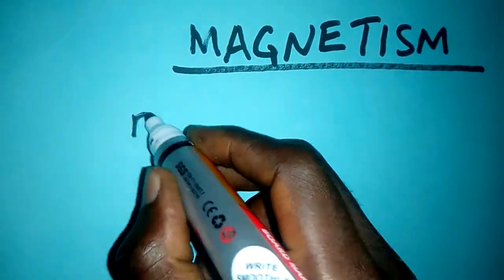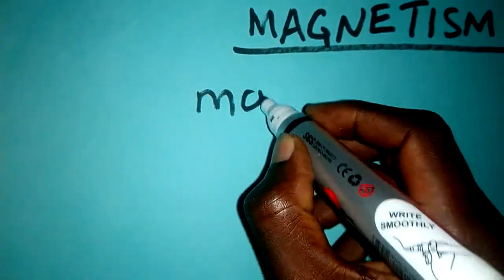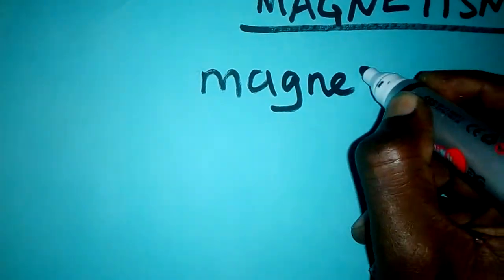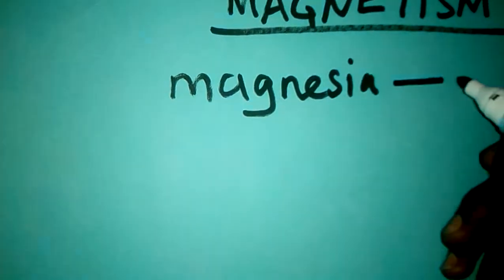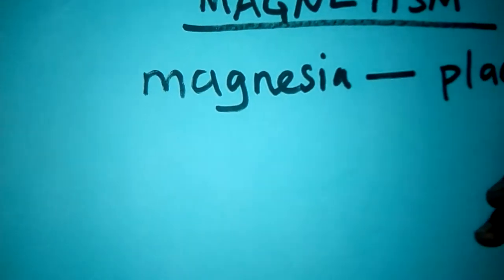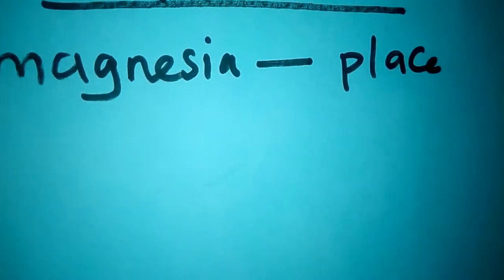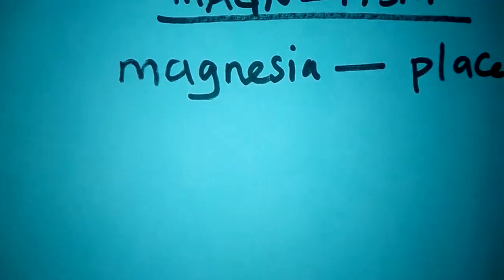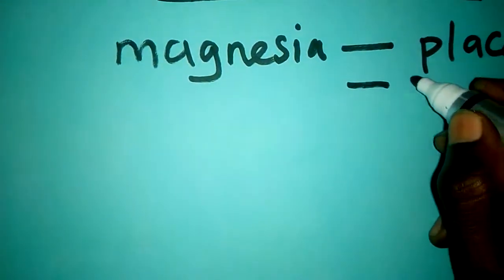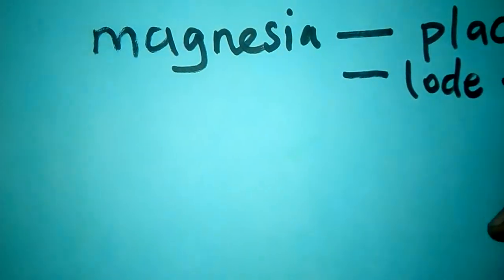Magnetism comes from the word magnesia. Magnesia simply means a place where the first magnet was discovered, and that first magnet was called lodestone.